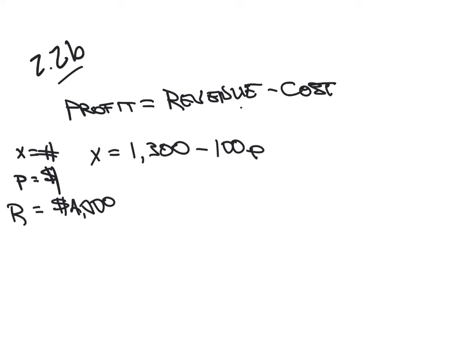The revenue, the amount of money that Bud makes, is going to be equal to, so let's come up with a formula here. The revenue is going to be equal to the number of items sold times the price per item.